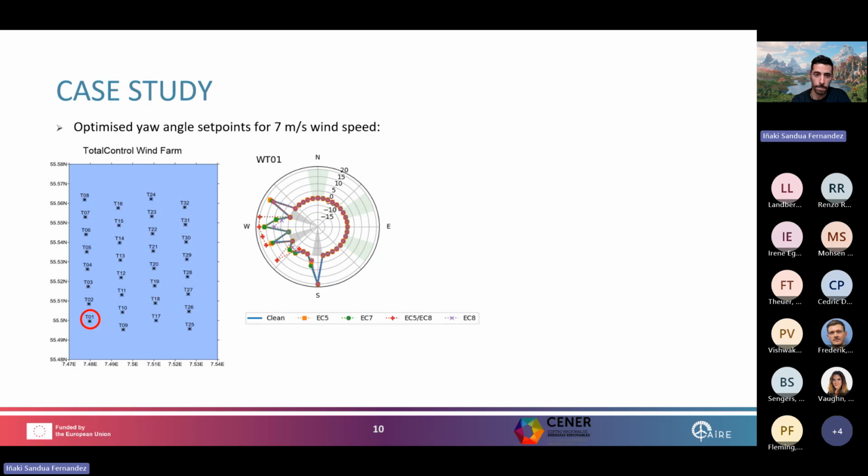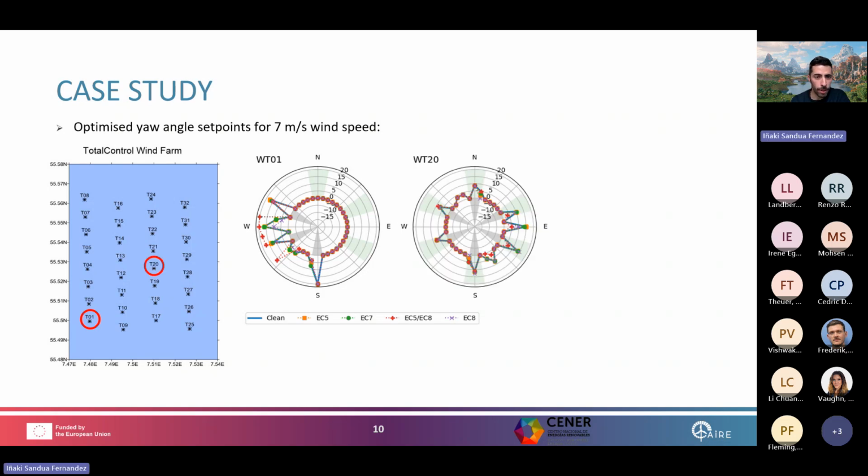So it makes sense that the optimization algorithm gives more priority to these wind turbines that can produce more, and therefore this wind turbine, in this case number 1, which is more eroded, is more yawed to maximize the overall power of the wind farm.